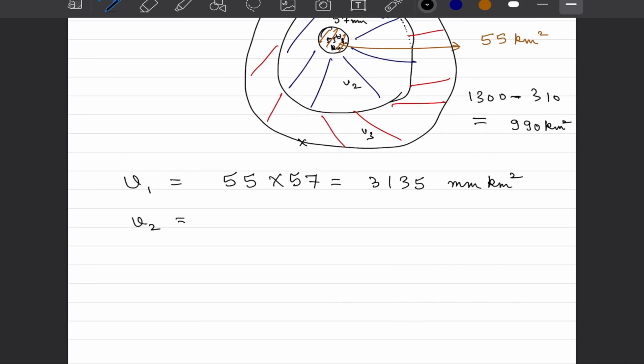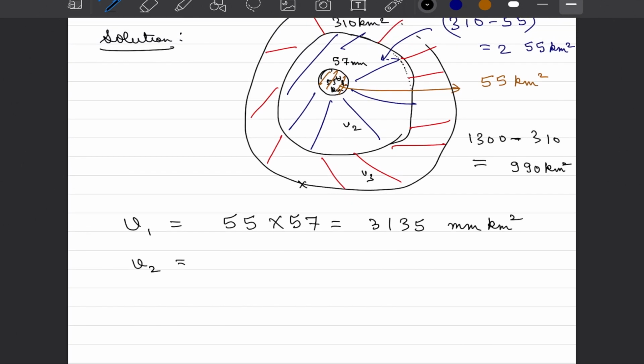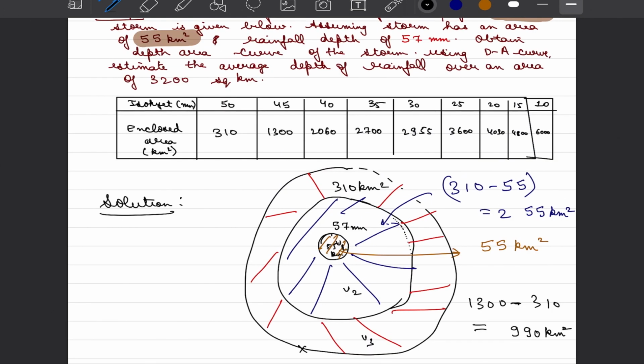Similarly, V2, that is the volume of precipitation that has fallen in the area hatched by blue, is given by the area of that circle, which in this case is 255, multiplied by the average depth of precipitation that we can obtain from isohyets, which in this case is given by (57 + 50)/2, because you see that the isohyetal level associated with this enclosed area of 310 is 50.